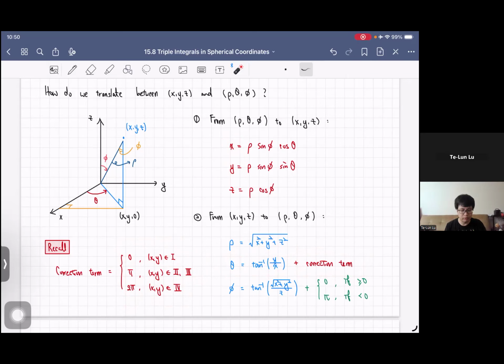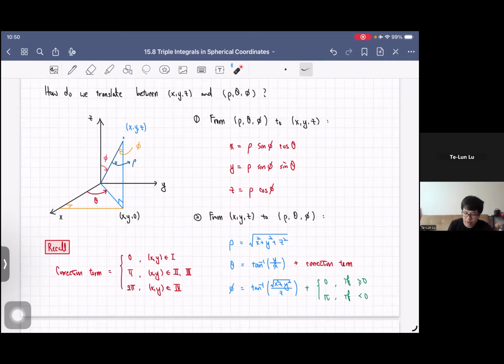As for phi, it is also quite simple. We use the same logic. There are so many ways to find phi, because you can do things like take an inverse cosine of z divided by rho. But just to make things consistent, I want to use inverse tangent. So let's see.